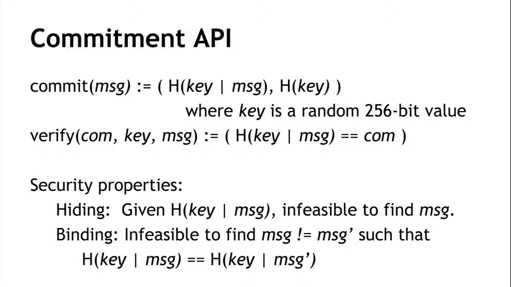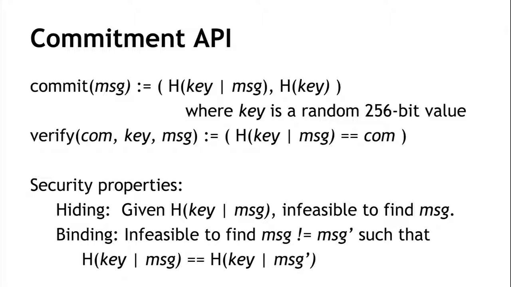And as the key value, we're going to return the key. And then later, to verify, someone is going to compute this same hash of the key they were given, concatenated with the message, and they're going to check whether that's equal to the commitment that they saw. Okay, so this is a way of using hash functions both in the commitment and in the verification.